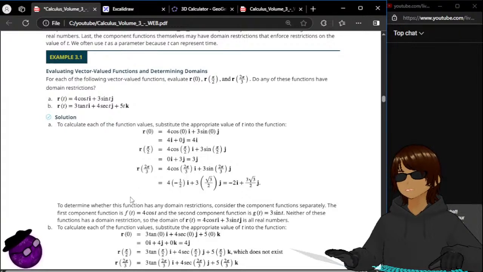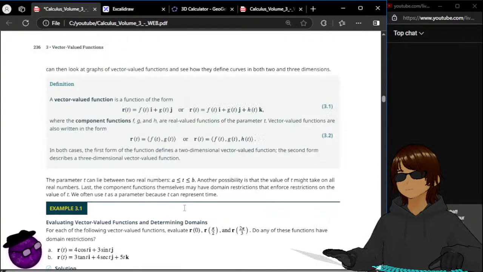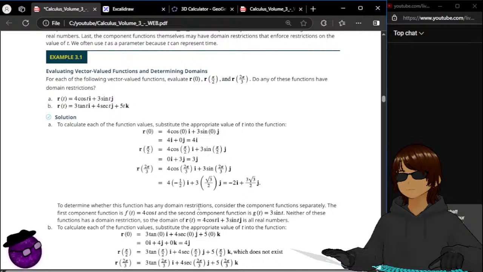To determine whether this function has any domain restrictions, consider the component functions separately. The first component, f(t) is equal to 4 cos t. The second component, g(t) is equal to 3 sin t. Neither of these functions have domain restrictions.